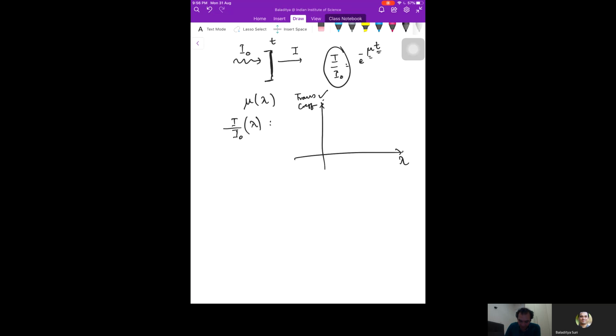And transmission coefficient is something that we can measure using our detector because it's a ratio of intensities, and that is exactly what we measure using Geiger-Müller counters.